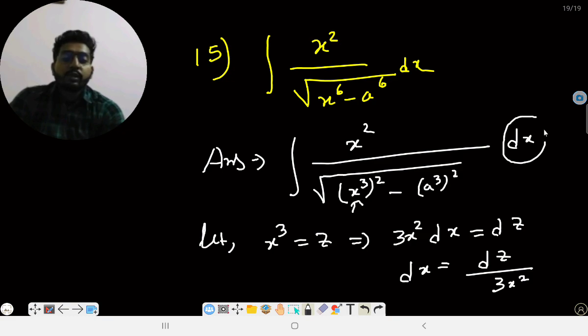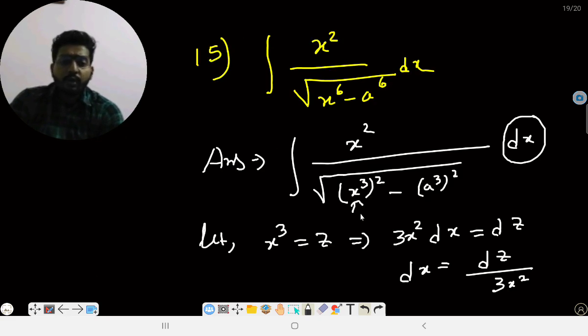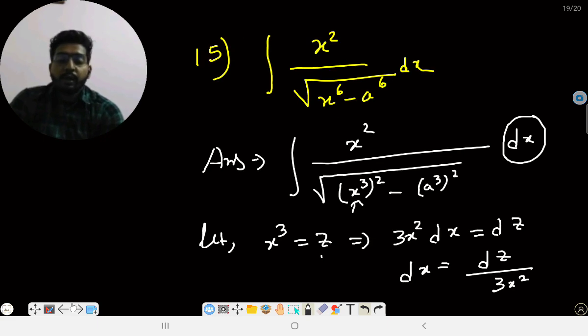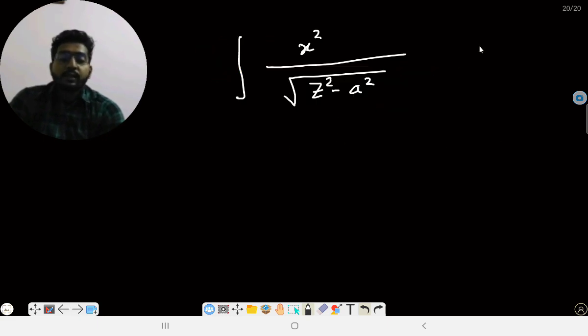Now put the values here. Integration of x square by root over of z square minus a cube whole square, where the value of x cube is z. And the value of dx is dz by 3x square.